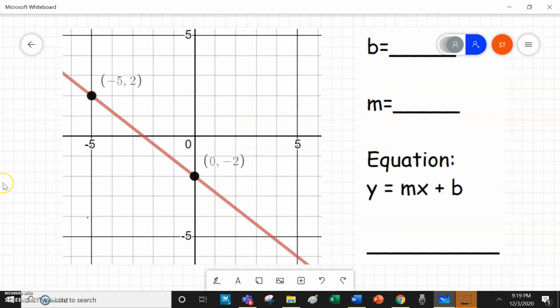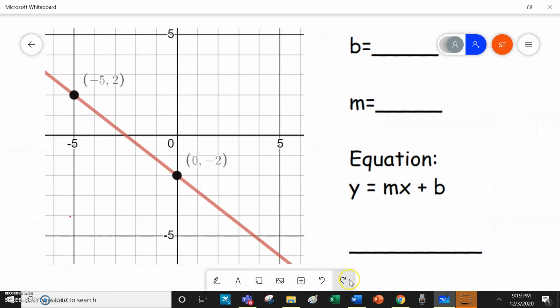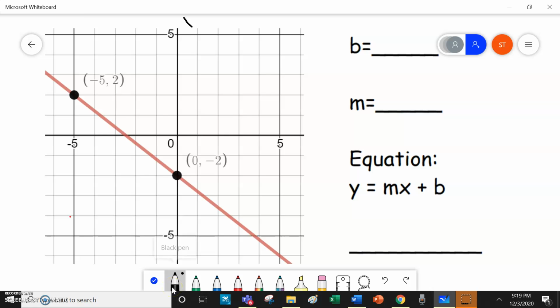So another quick example. My second graph, I'm going to do the same thing. I'm looking for the y-intercept first. So I'm looking at the y-axis, my y-axis and my x-axis.